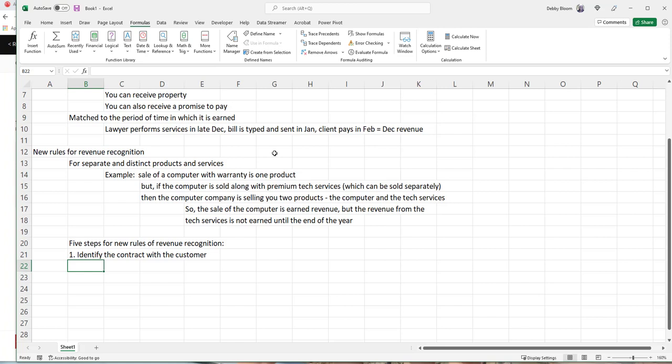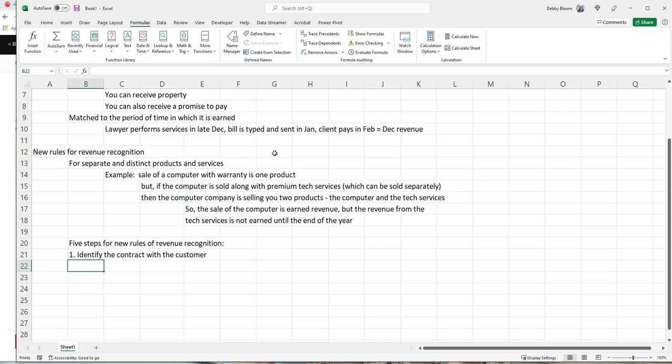I'm selling the gym membership and I'm selling the yoga classes, as long as they can pay for the yoga classes separately, as long as it's not included with that gym membership. So once again, there are many examples of bundled products or bundled products and services. So you have to identify the contract with the customer.